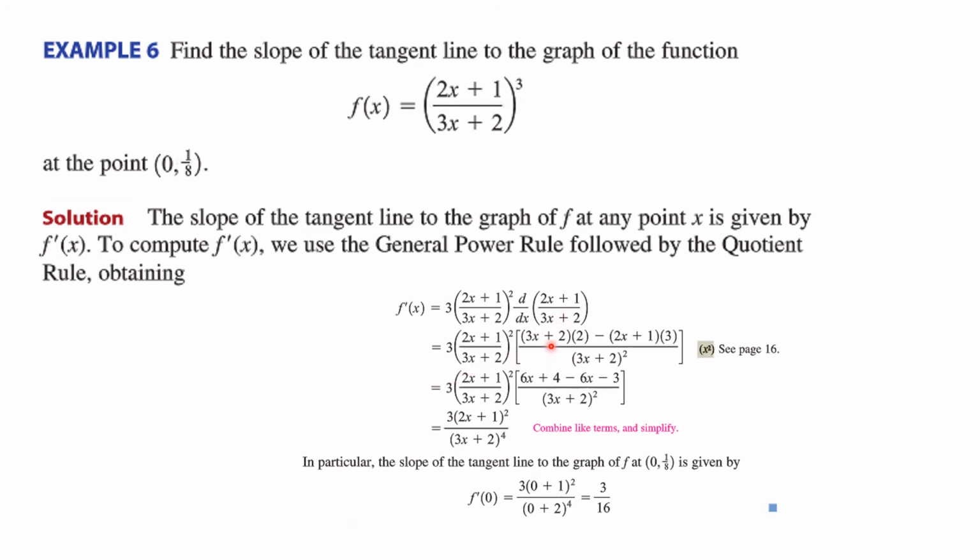So it's going to be denominator times derivative of the numerator minus numerator times derivative of the denominator, all over the denominator whole squared. There's a lot of algebra that you can do with this. Actually, not so much, but you work to combine like terms, and we can simplify it to this expression. So if we plug 0 in then for x, we get that this is 3 over 16.